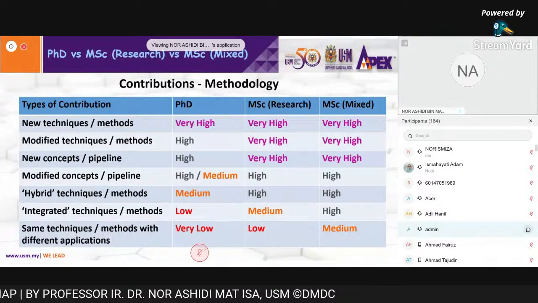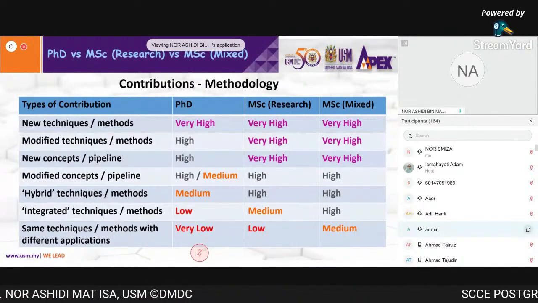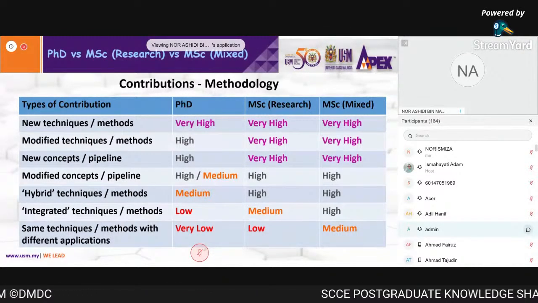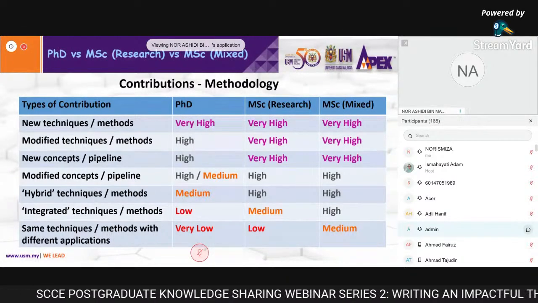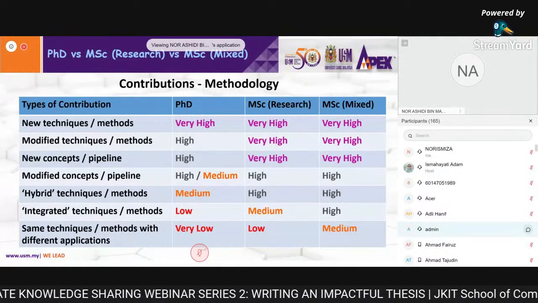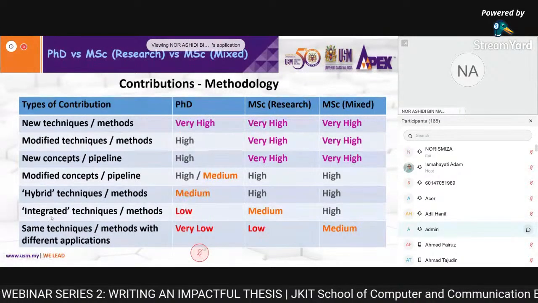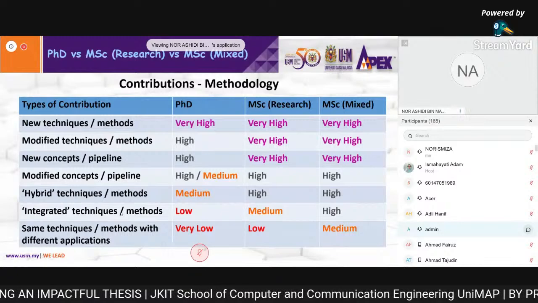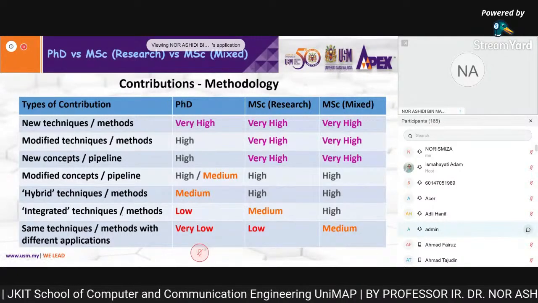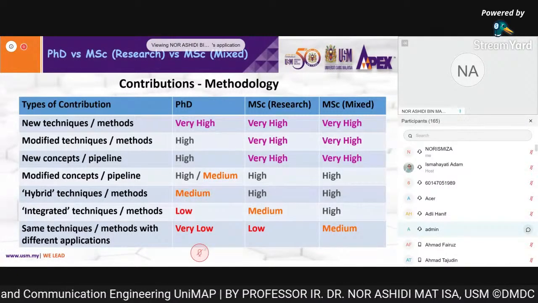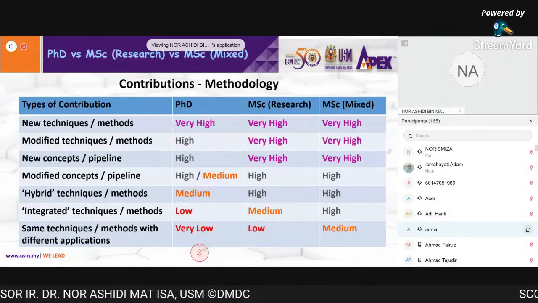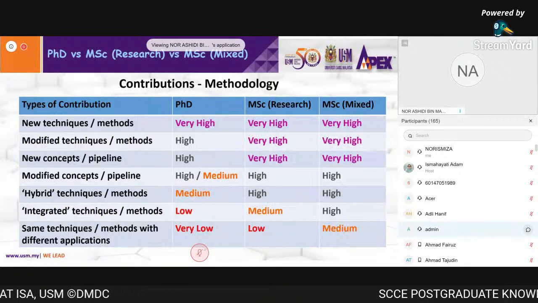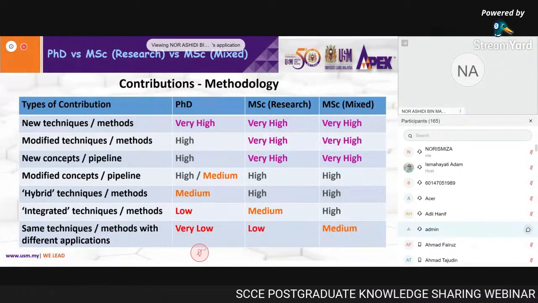Let's say you have two methods, method A and method B. You want to join, you want to mix method A and method B in order to have a new method. You call it method C, for example.